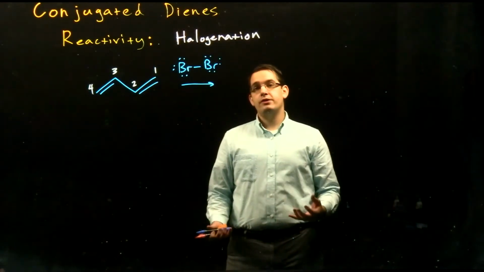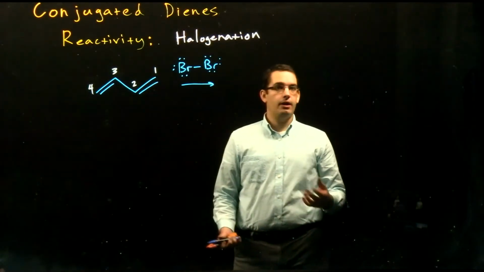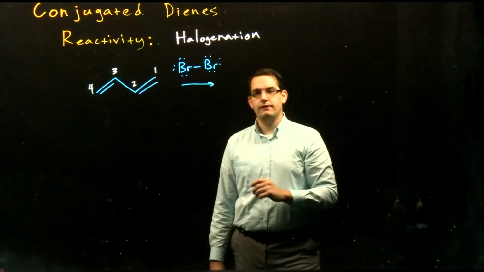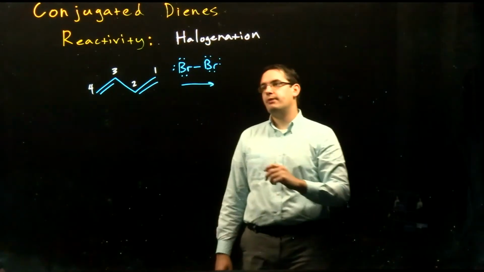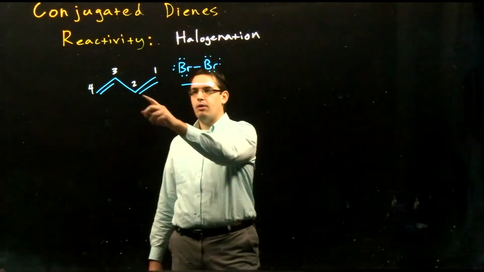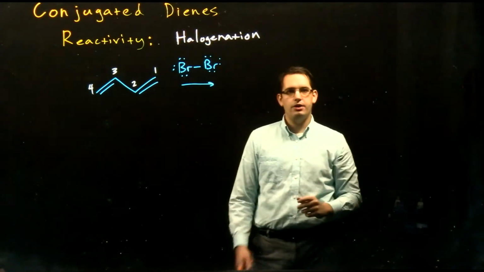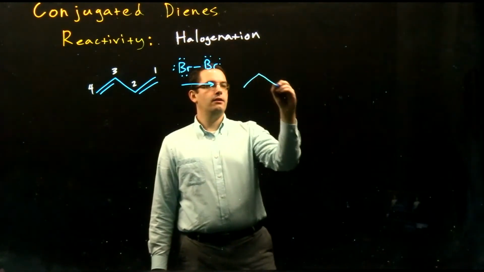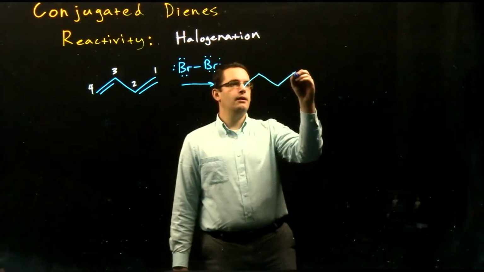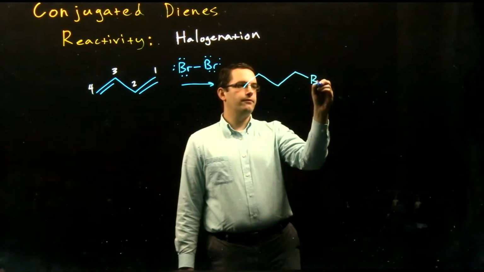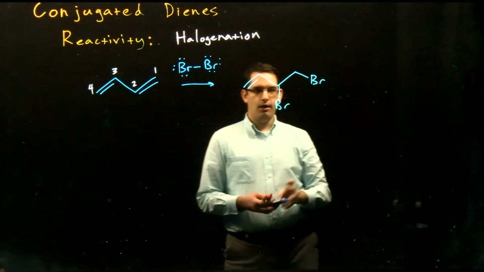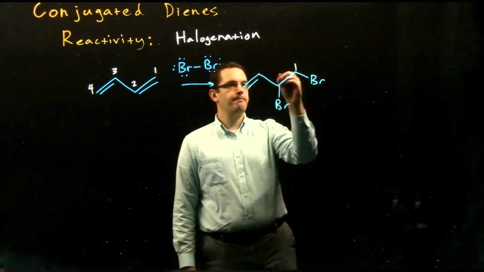Now this sort of 1,2 or 1,4 addition to our conjugated diene can also occur for other alkene addition reactions. So here we have our halogenation reaction. We're adding diatomic bromine onto our simple conjugated diene. So again, we'll expect 2 different possible products. We can either add that bromine to the first carbon and the second carbon in our 1,2 addition.